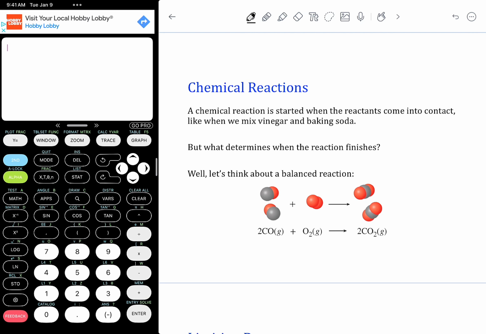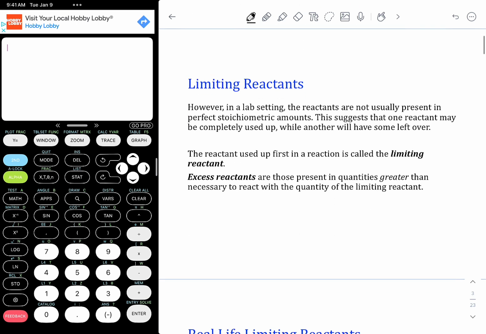So once I've used up 2 moles of CO and 1 mole of O2, then my reaction finishes because I've created 2 moles of carbon dioxide. Once I've used up all of those reactants is when my reaction is done. But if we're thinking of the real world, if we're chemists in a lab setting, our reactants are usually not present in perfect stoichiometric amounts.